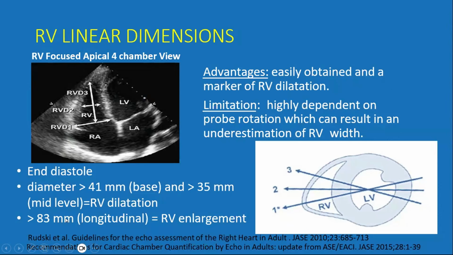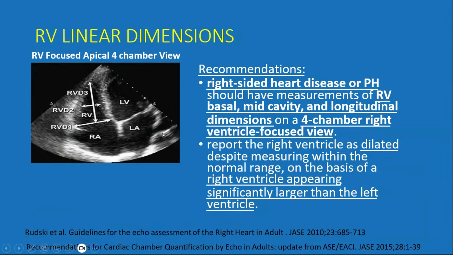So roughly remember this. I'll show you a table. You can take a picture for easy memorization. So all these dimensions are considered for assessing the dilatation. So that's what is written here.